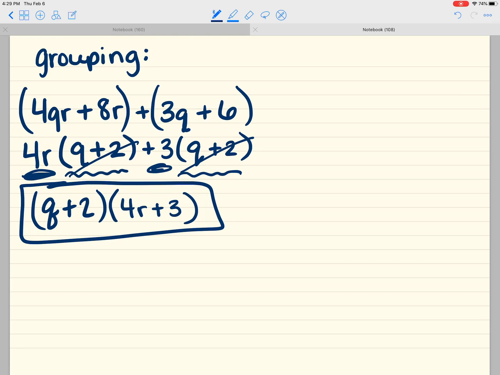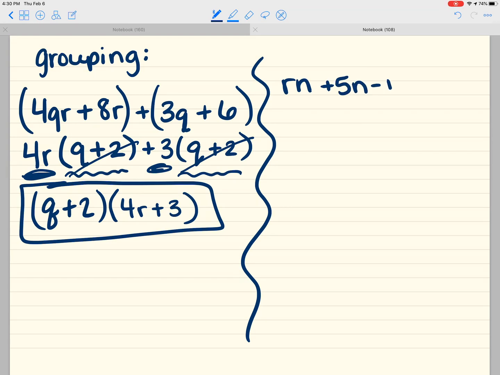All right, let's do rn plus 5n minus r minus 5. Okay, so if you want to move some things around, you can, right? Like if I wanted to switch the order here, I would probably do that so that you could have r in the same group.